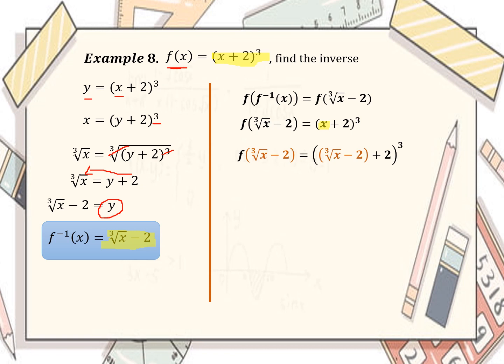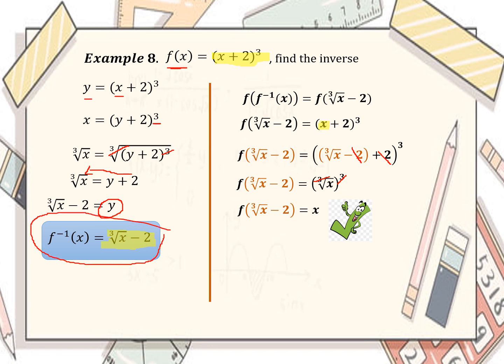So, dito, pwede na natin agad i-cancel yung positive and negative 2, kasi 0 lang ulit ang magiging answer doon. So, ang matitira sa loob ng parenthesis ay yung cube root of x raised to 3. So, pwede natin i-cancel itong exponent na 3. So, ang matitira ay yung x. Kapag x na lang ang natira, ibig sabihin, tama yung nakuha nating inverse function na cube root of x minus 2.